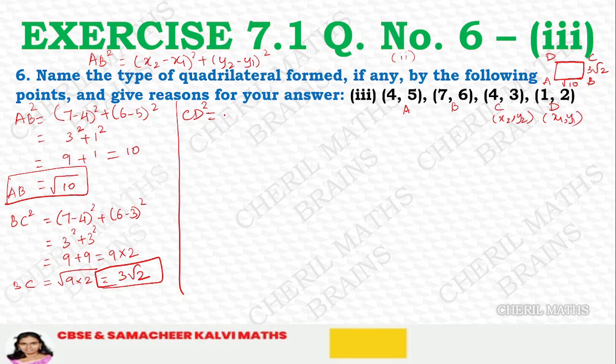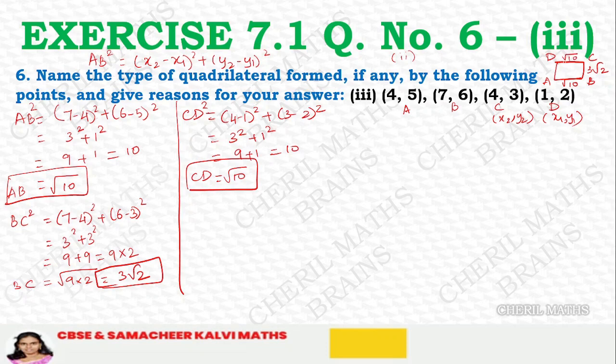So now it will be 4 minus 1 the whole square plus 3 minus 2 the whole square. So it's going to be 3 square plus 1 square, 9 plus 1, which is 10. So my CD is square root of 10.